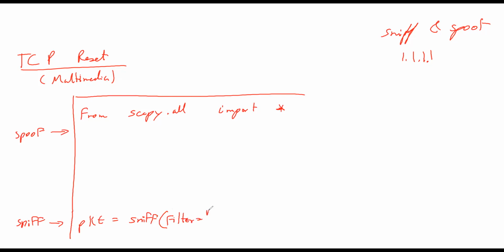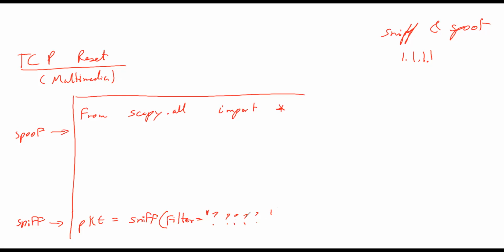Remember, this is the first thing you did in the semester, so you should know how to do that. I'll leave that to you to figure out. But obviously, TCP packets, where an IP is a certain one, source or destination.